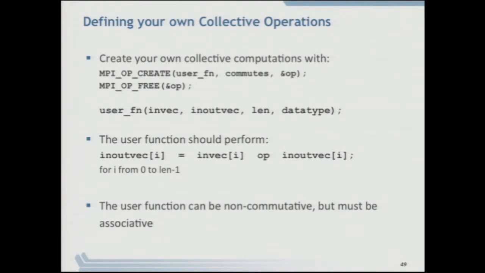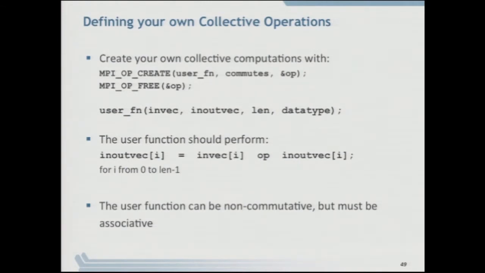These operations are required to be associative. That is, they could be done in any order if you're bracketing them. And the reason all this is there is, suppose you're doing this on 10,000 ranks and we're doing a reduction. Internally, we'll use some algorithm and we'll try to do them concurrently in parallel. If it is commutative, we might just do them in any order, anywhere, as fast as possible and get you the result.